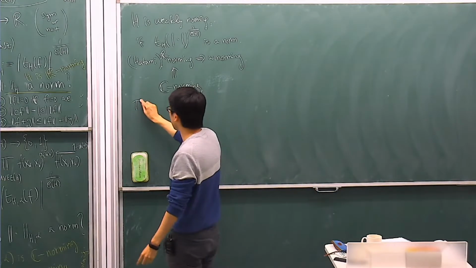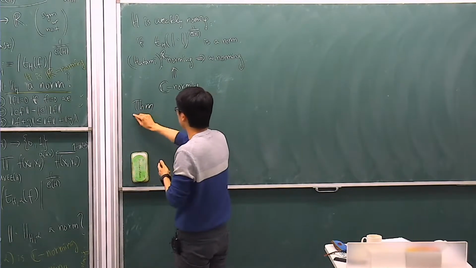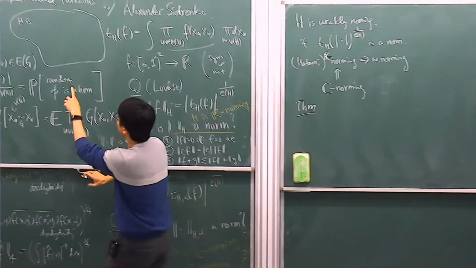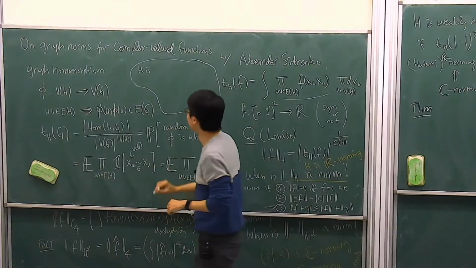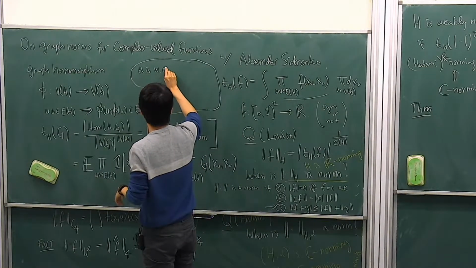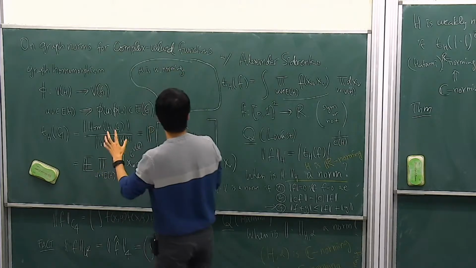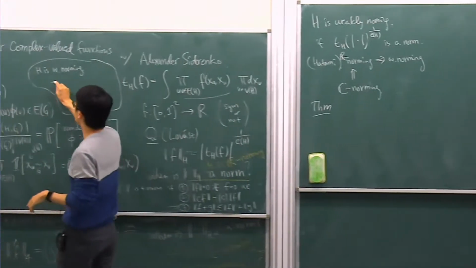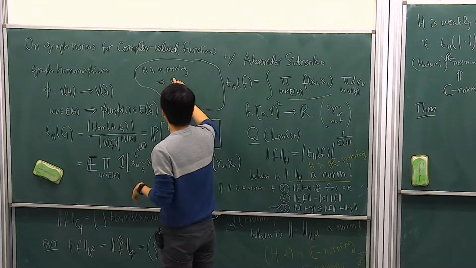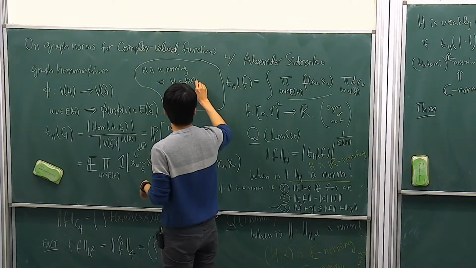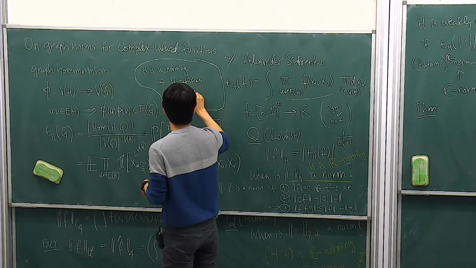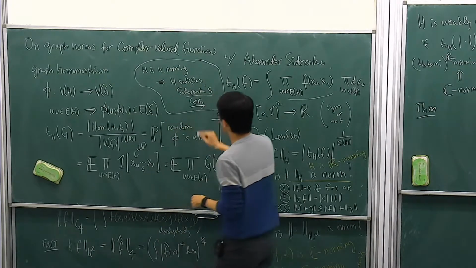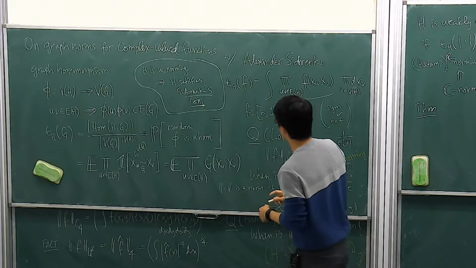So here's my main result. Getting back to where I stopped: if H is weak norming, which is the weakest property amongst those I introduced, then it satisfies Sidorenko's conjecture.